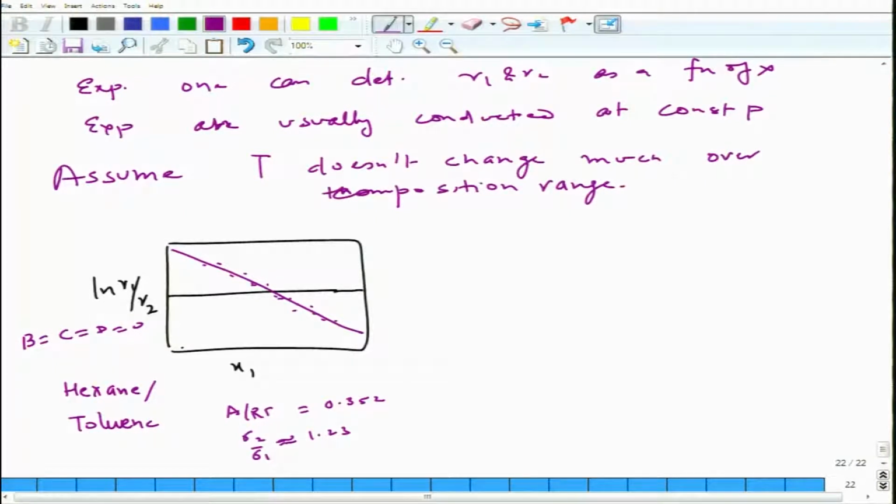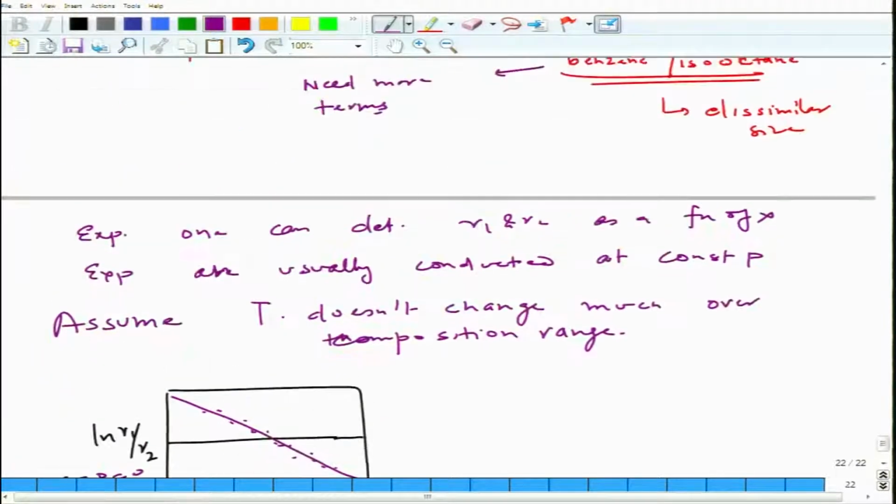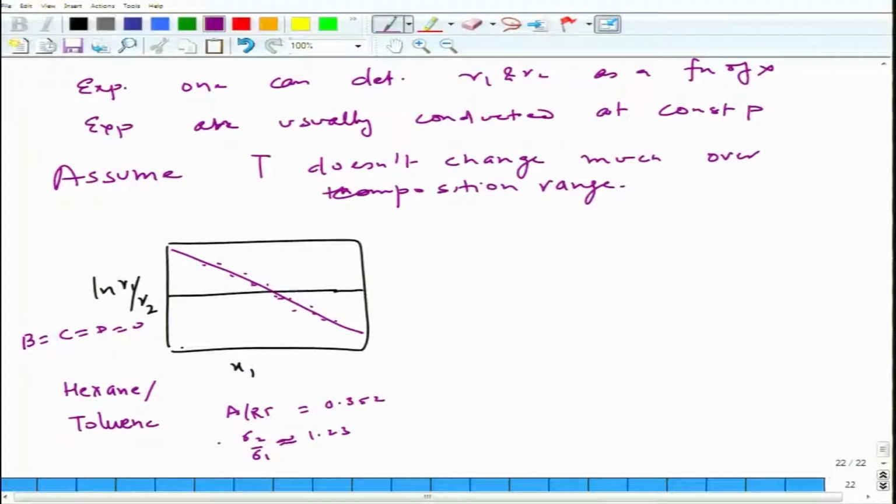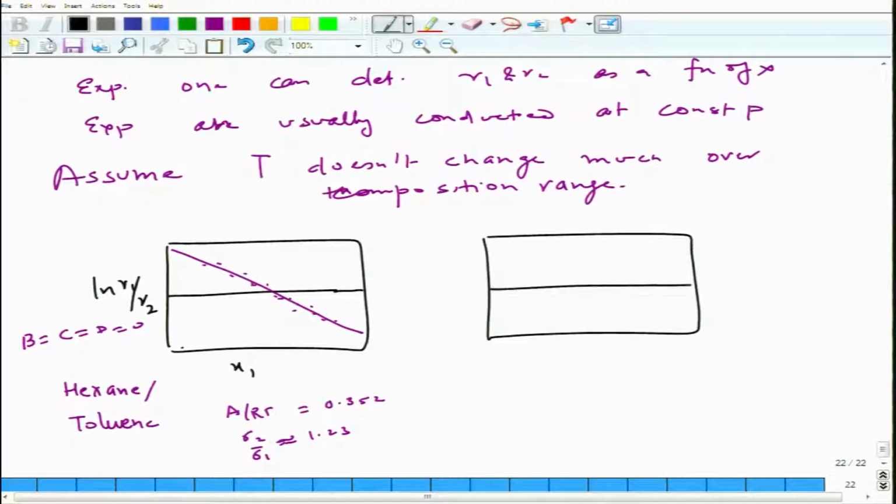Now, if you consider benzene and isooctane, as I said, these are not good enough because these are dissimilar in size, because the ratio of the sigma is around 1.86. So let's look at how the data looks in this case. Here C is equal to D is equal to 0, so I'm going to consider B also. There are two parameters, so it is something like this, and the data are pretty well fitted.